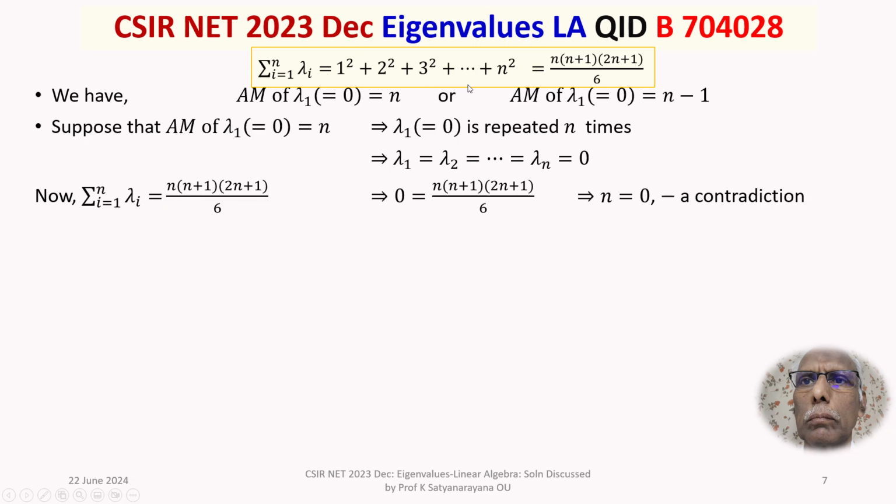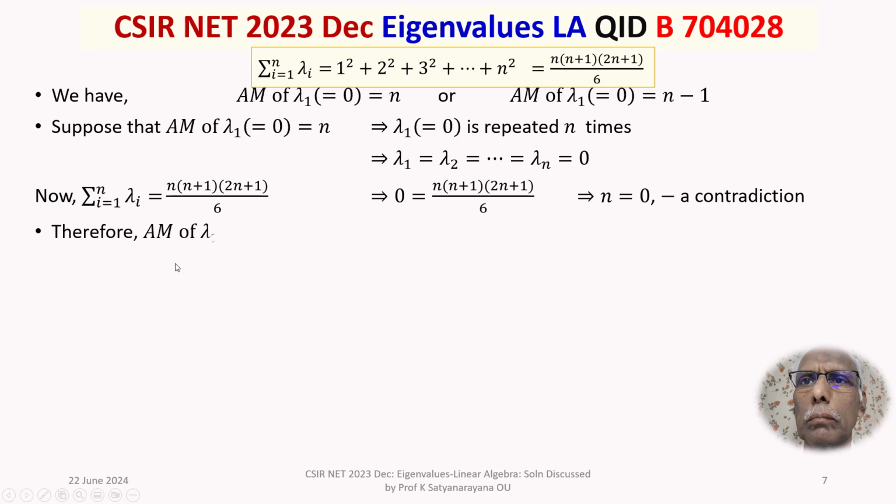We have already noted. And each eigenvalue is 0. Therefore, the sum of the eigenvalues 0 is equal to n into n plus 1 into 2n plus 1 by 6. This will imply n is equal to 0, which is a contradiction. Right? So, this is not possible. That means the AM of lambda 1 is equal to 0 being n is not possible.